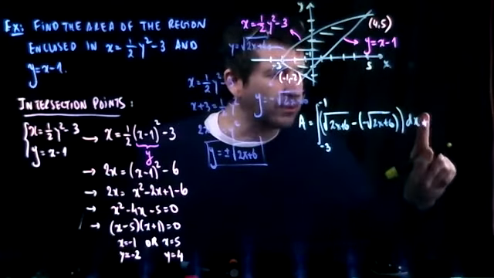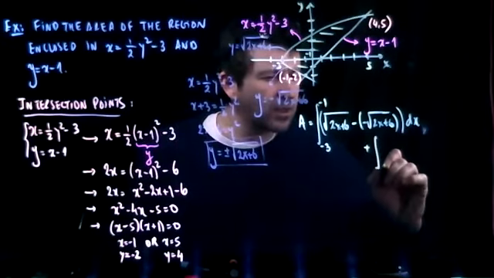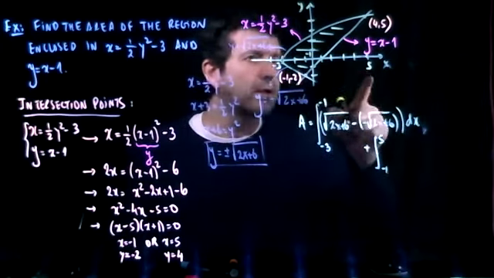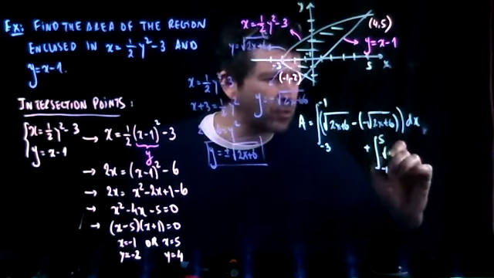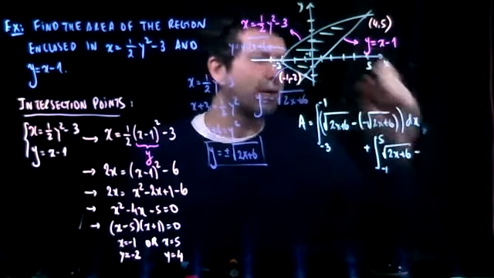I'm going to do it below here because I'm out of space. From -1 to 5 of the top function, which is again square root of 2x plus 6, minus the bottom function, which is now x minus 1.